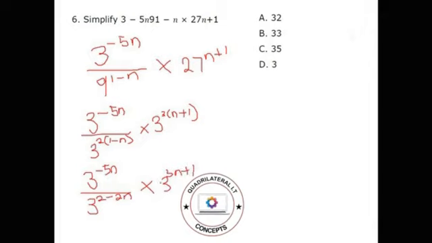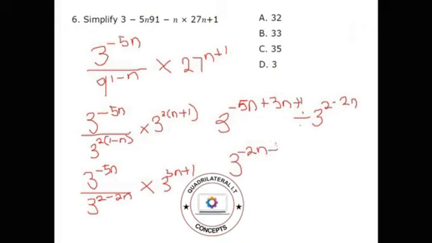So now when you use our indices, we add when you are multiplying, and you subtract when you are dividing. So let's add them up first. We have minus 5n plus 3n plus 1. Then we are dividing by 3 raised to the power 2 minus 2n. So minus 5n plus 3n gives me minus 2n, then plus 1. Dividing 3 raised to power 2 minus 2n, so division, we are subtracting that.